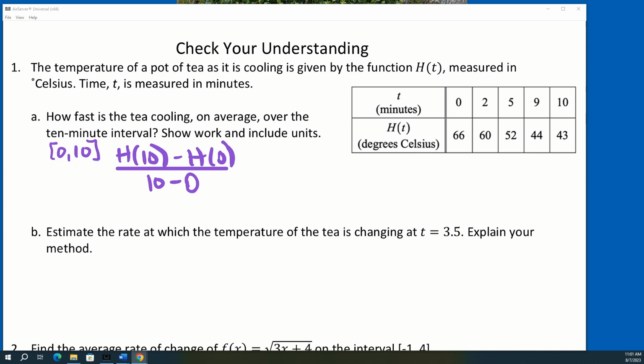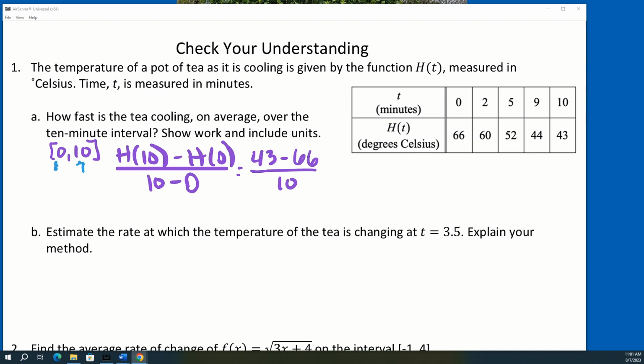If you're just filling into the formula, A is going to be 0 and B is going to be 10. So what is h of 0? I said it backwards. What's h of 10? Tell me that first. What's h of 10? 43. So you just get that from the table. All right, what about h of 0? 66. And I'm just going to go ahead and say 10 minus 0 is 10.